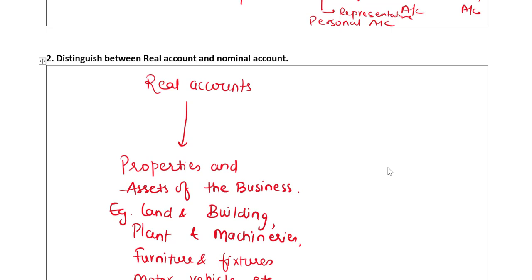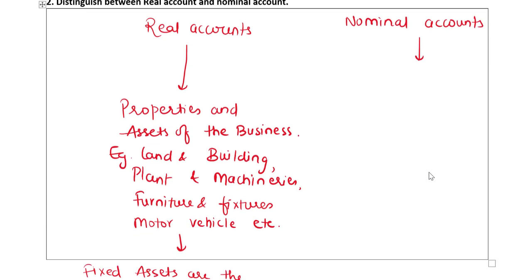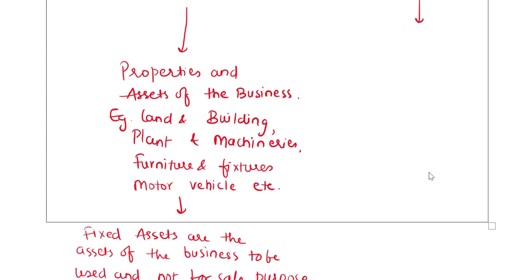Let's see the nominal accounts now. What we record in nominal accounts is incomes and gains, and expenses and losses. So what kind of income or gain is this?